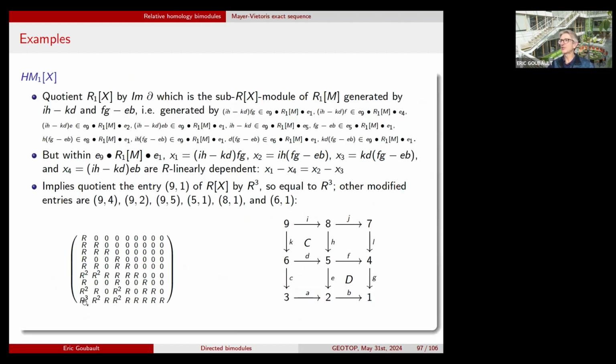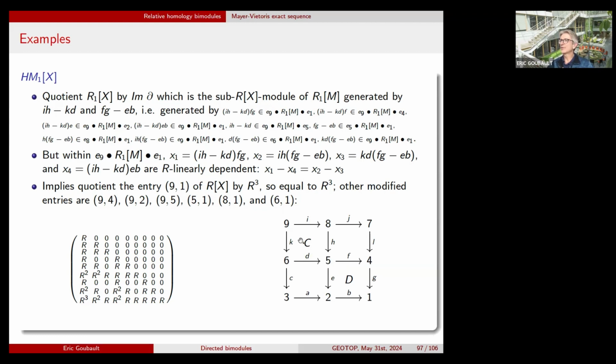So just let me show you one thing. The entry 9.1 is R3, meaning that you should have three generators, three dipaths modulo homology, let's say, from 9 to 1. And this is indeed the case, up to homotopy as well, because you just have one class here, 9632, one class which goes through C and D, could be A, I, H, F, G, or K, D, F, G, whatever.